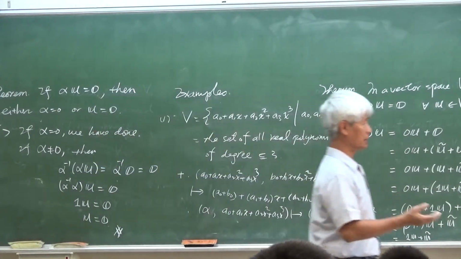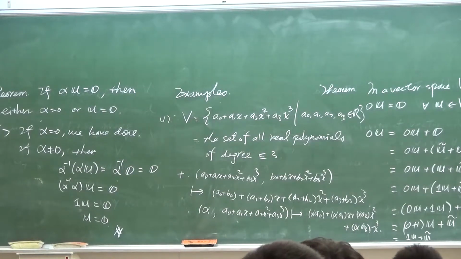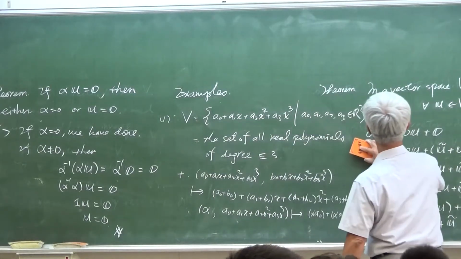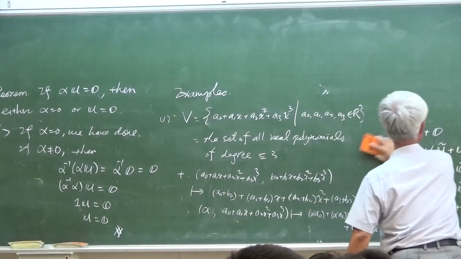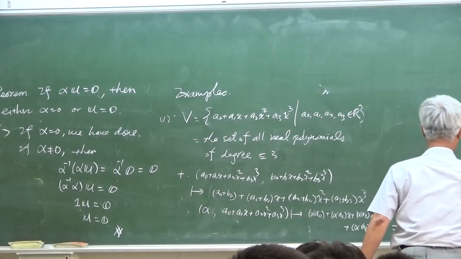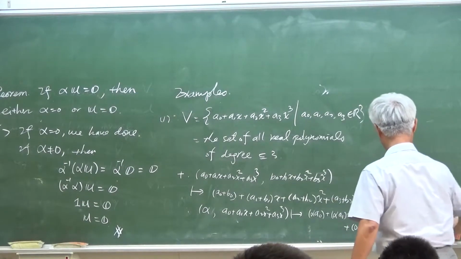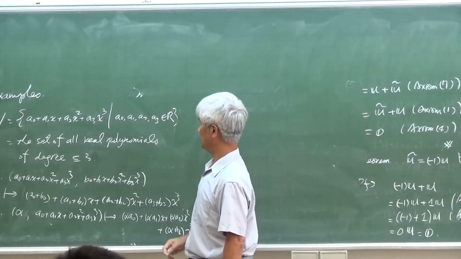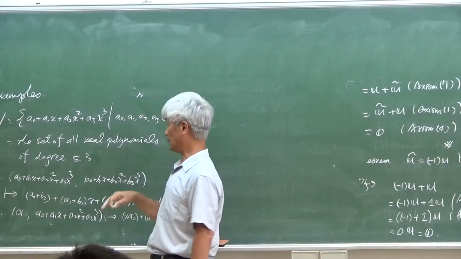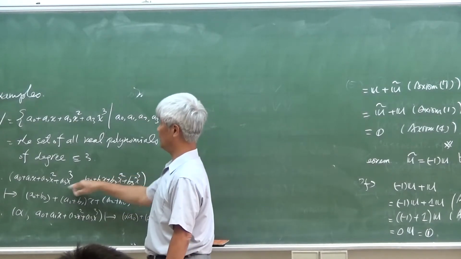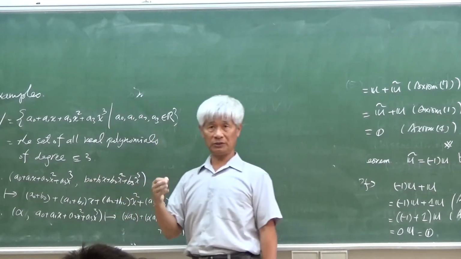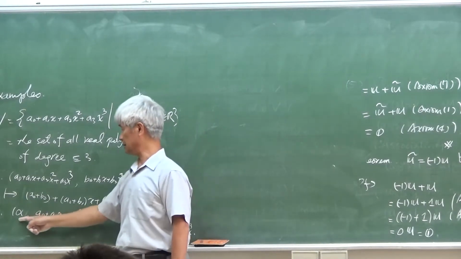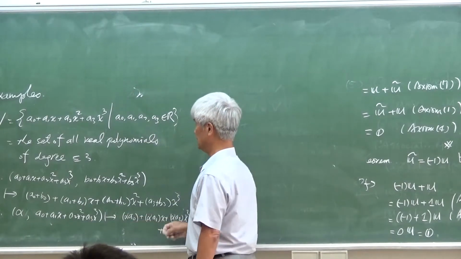And now you have to check the 7 axioms. You have to go through the 7 axioms in detail, but to save time, I just mention that we are so familiar with the addition of two polynomials and the multiplication of a scalar with a polynomial.